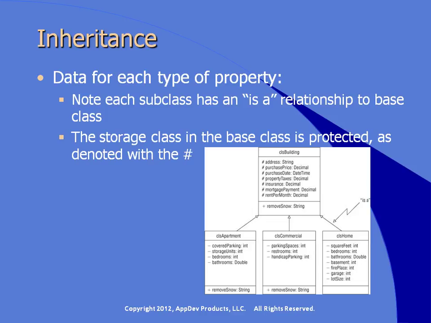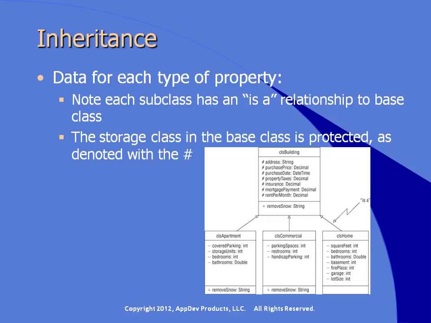You'll notice the pound sign in front of each one of the properties. So address has a pound sign in front of it, all of them. And what this means is those properties all have the protected access specifier.